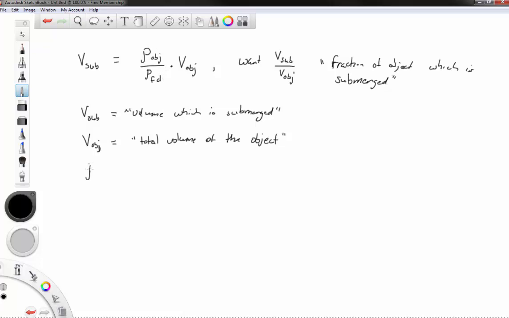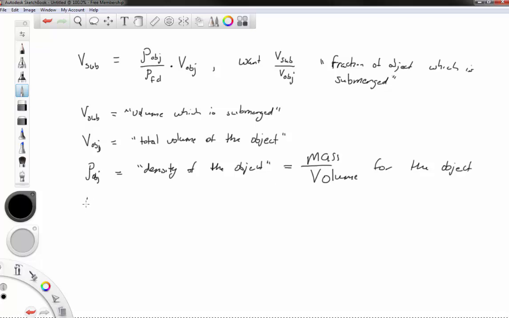So rho object is the density of the object, and recall that this is equal to the mass of the object divided by the volume. So this is mass over volume for the object.